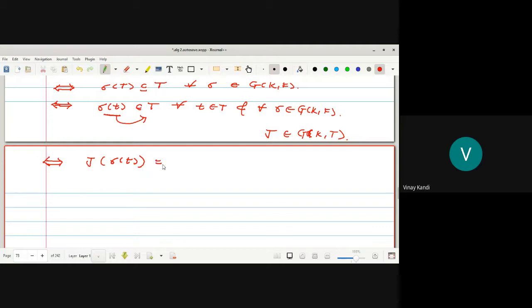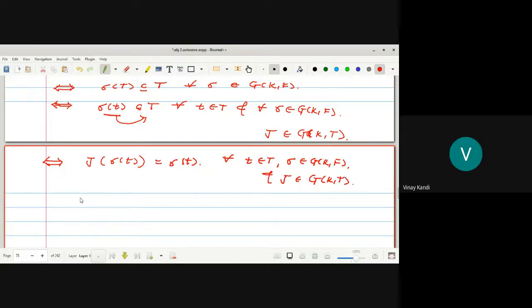This is an element of T and J belongs to G(K/T), so this element is fixed. J of sigma of t is equal to sigma of t, for all t belonging to T, sigma belonging to G(K/F), and J belonging to G(K/T). Is it correct?